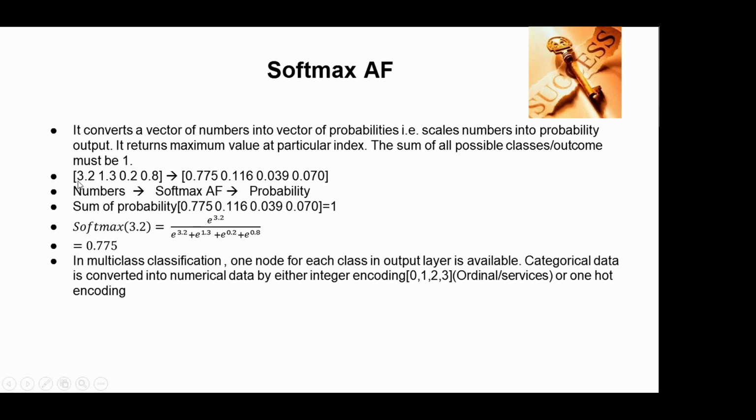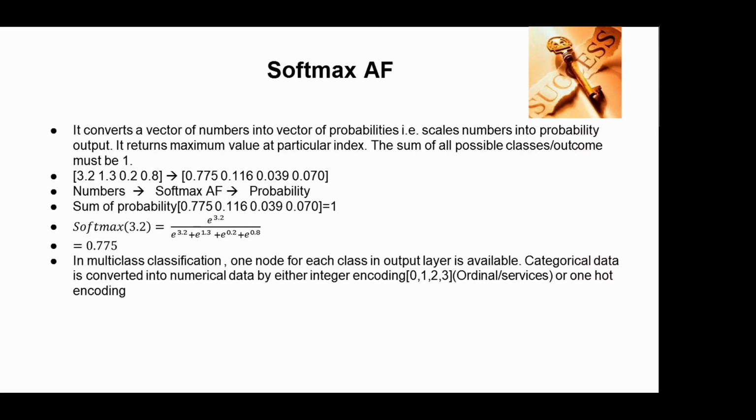So for these continuous values 3.2, 1.3, 0.2, 0.8, you apply the softmax activation function so that you can get the probability. If you sum the probabilities of every class, the output is 1. The sum of 0.775 plus 0.116 plus 0.039 plus 0.070 is 1.